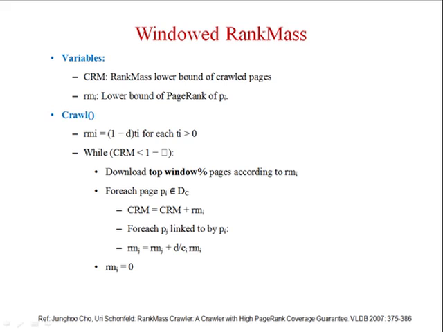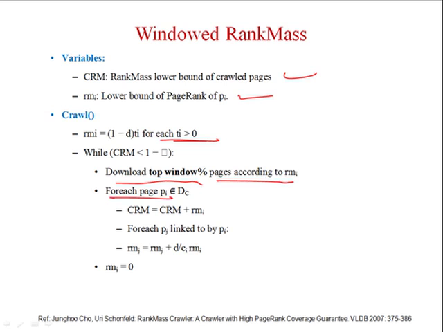Windowed rank mass. CRM is the rank mass lower bound of crawled pages, RM_i the lower bound of PageRank of T_i. RM_i is equal to (1 minus d) times T_i for each T_i greater than 0, while CRM is less than 1 minus d. Download the top window percent of pages according to RM_i.